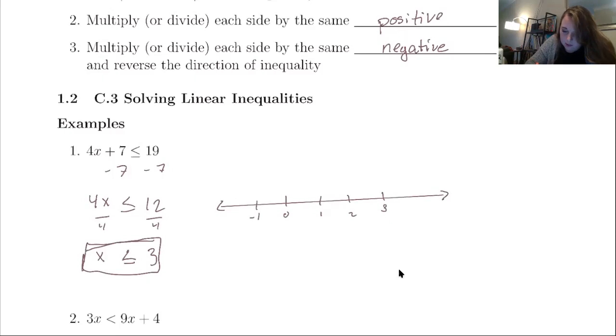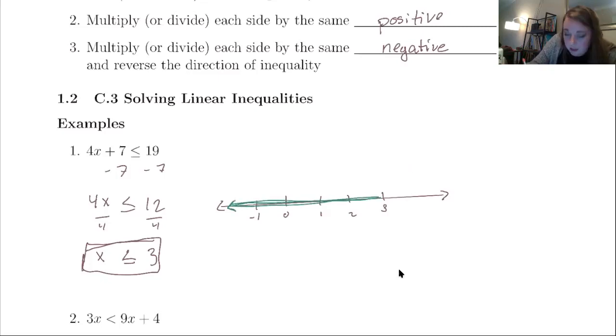Am I going to be on the left side of 3 or the right side of 3 on my number line? Let's do a different color. Left, right? If I'm less than or equal to 3, 1 is going to be one of them, and all negative numbers, right? So I'm going to be all of these numbers. I'm just going to draw this line, and since I'm going to keep going, I draw another arrow, right?